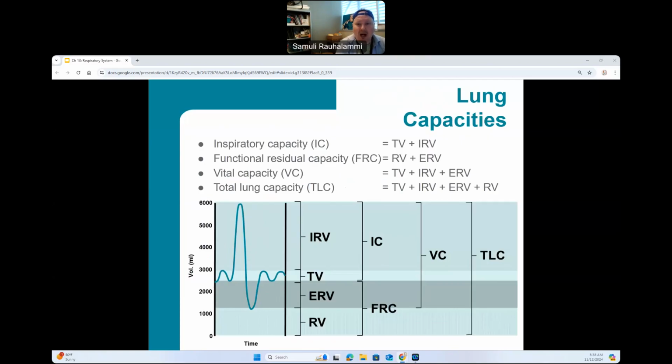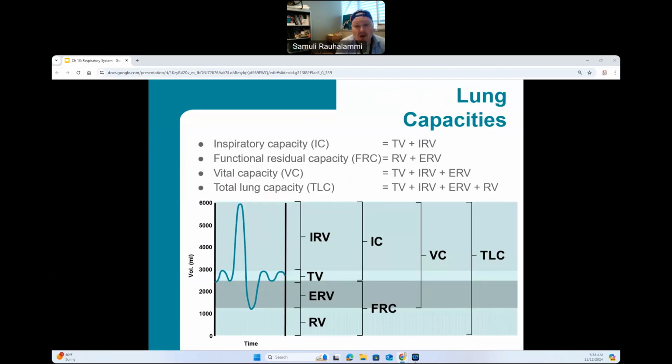Inspiratory capacity, or IC, is calculated by adding together our tidal volume and our inspiratory reserve volume. The next measure I've highlighted is our functional residual capacity, or FRC. This is calculated by adding together our residual volume and our expiratory reserve volume.